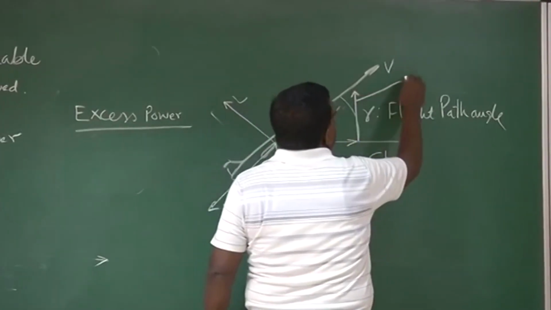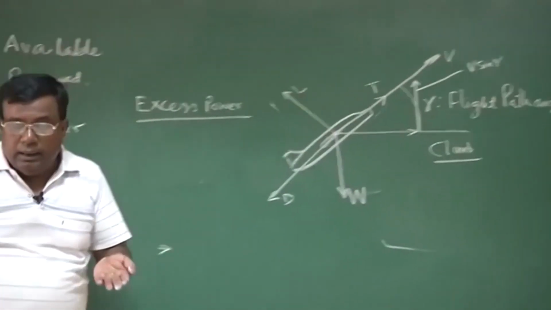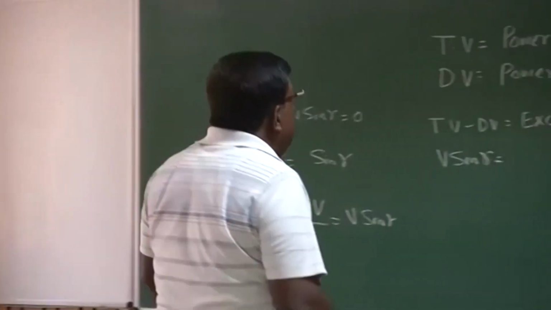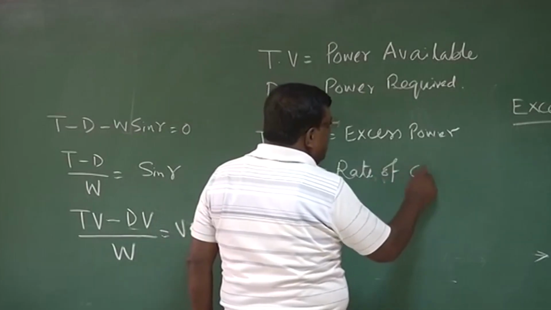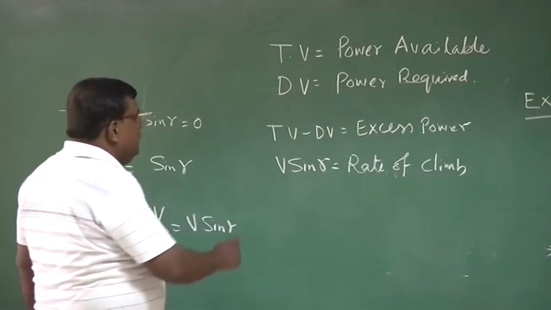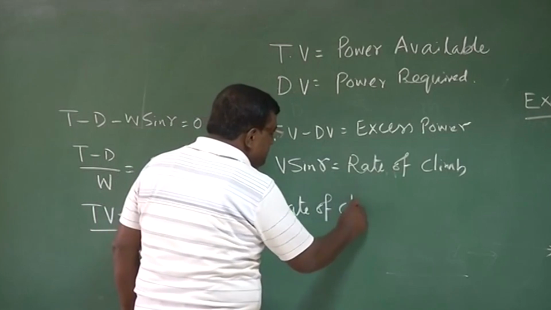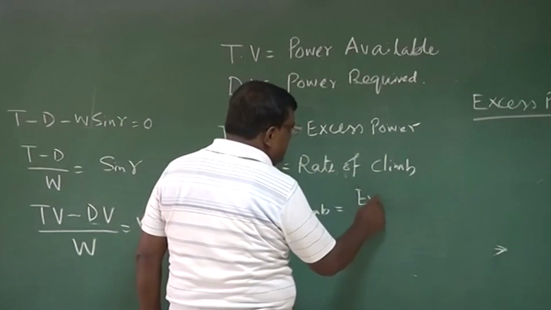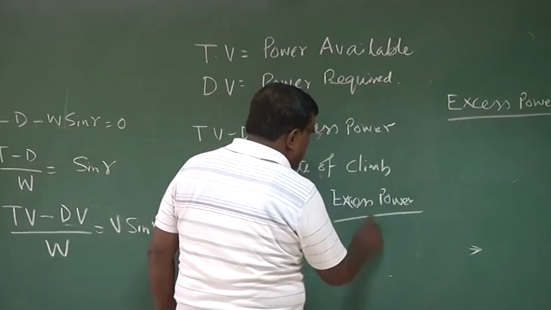V sine gamma is the vertical component. It is the speed at which the airplane is going up, and that is called rate of climb. So now if I use this equation, I can write rate of climb equal to excess power divided by W.